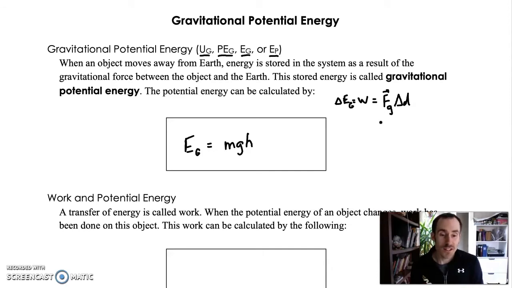So we're going to replace Fg with mass times the acceleration of gravity times displacement. And in this case, the displacement we're talking about is the distance you have been moved above the surface of the Earth. So this change in d is just height.